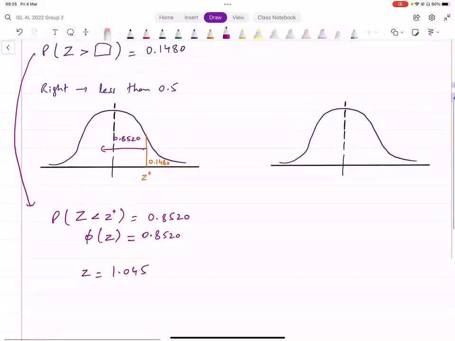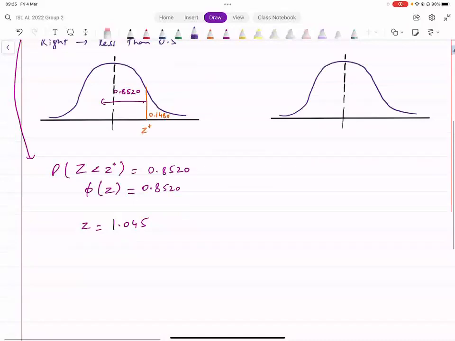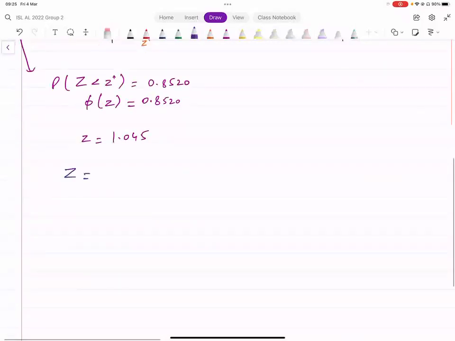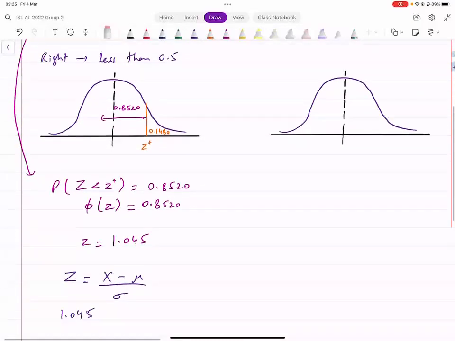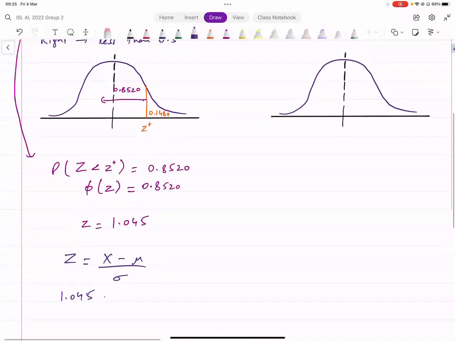ये आपके पास z की वैल्यू आ गई. ठीक है, अब हम क्या कहेंगे, z equals x minus mu over sigma. z की वैल्यू क्या आ गई हमारे पास 1.045. रिमेंबर हमने डिसाइड कर लिया था पहले, फिगर आउट कर लिया था, z has to be positive, so we just use that value directly. Positive value भी 1.045 equals x.